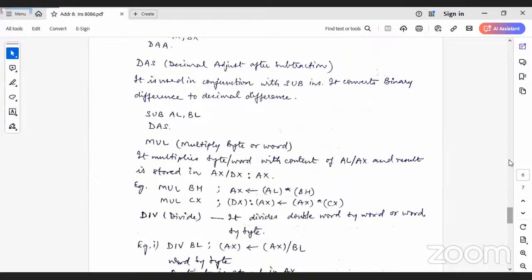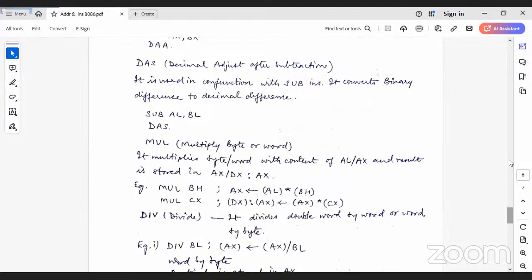So if it is a byte, then another data will be in AL, and if it is a word, then it will be in AX. I told you already, 2 bytes or more will be called a word, which is stored in your AX register. So I hope there is no confusion in what I am telling. Is it okay?